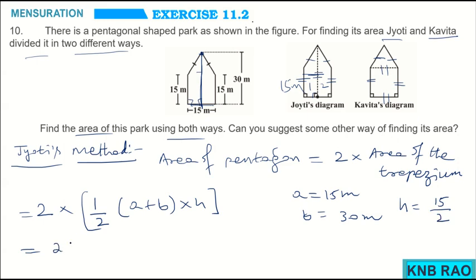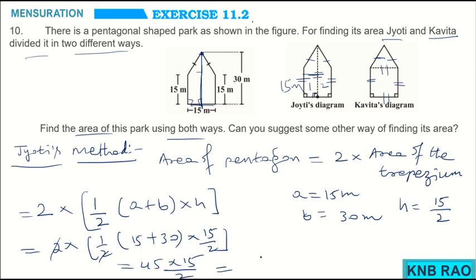This 2 into half of 15 plus 30 into 15 by 2. So this 2 cancels with this 2. 15 plus 30 is 45. So 45 into 15 by 2.